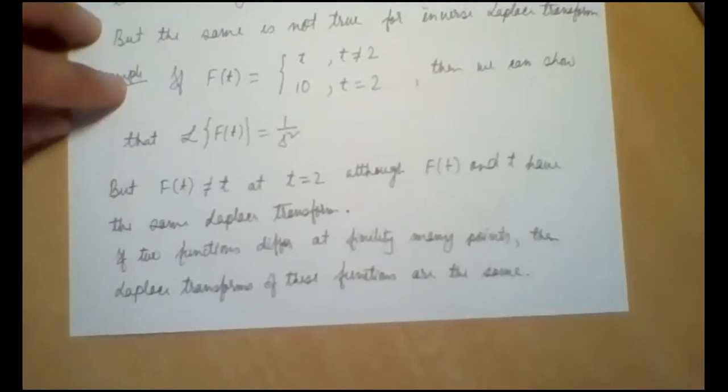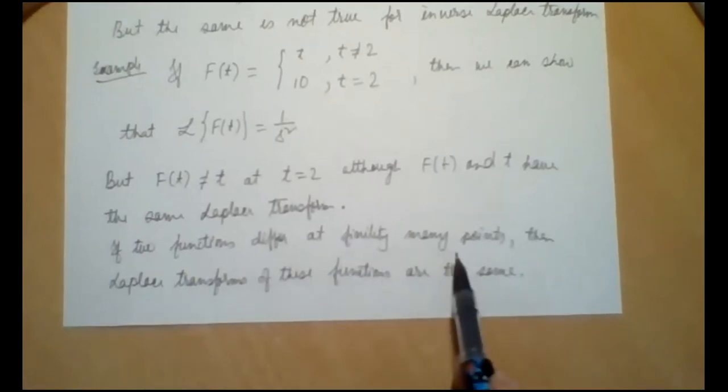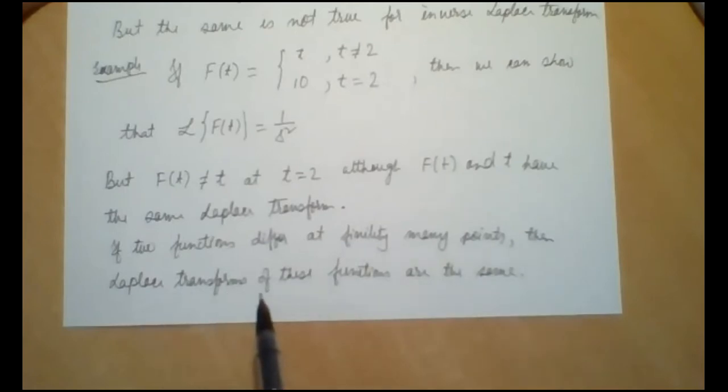So finally, I repeat, if two functions differ at finitely many points, then the Laplace transforms of these functions are the same. So we see that the inverse Laplace transform is not unique, but the Laplace transform is unique.